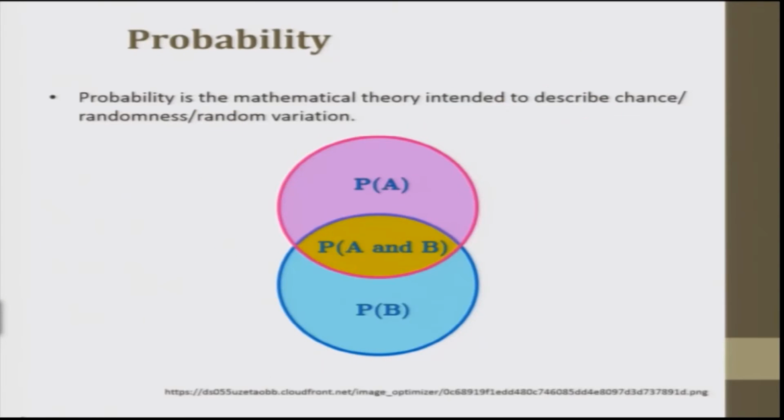So next is probability. Probability is the mathematical theory that is intended to describe chance, randomness or random variation. Probability is the chance of occurrence.